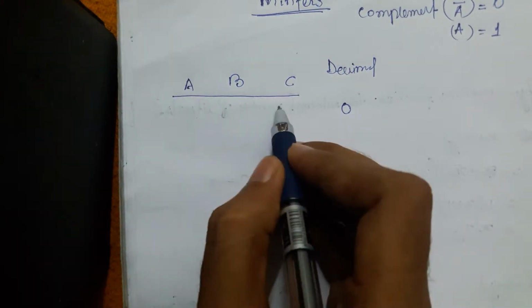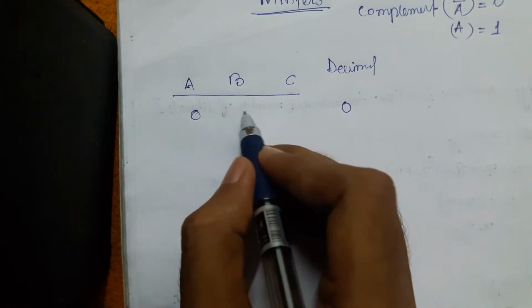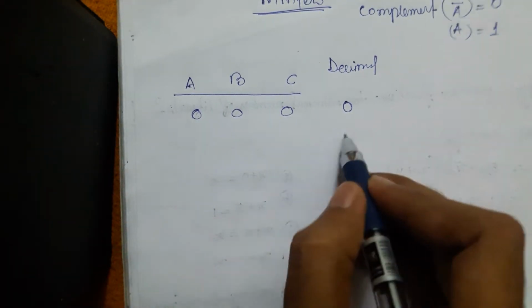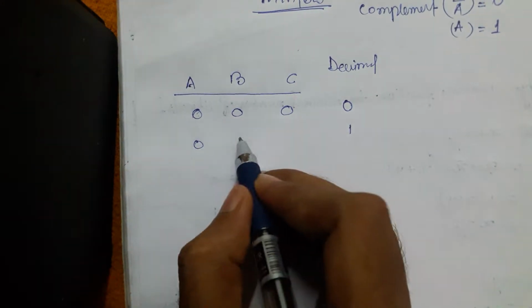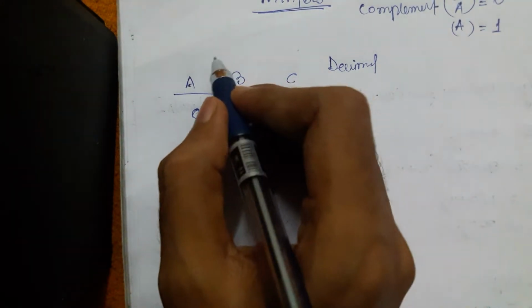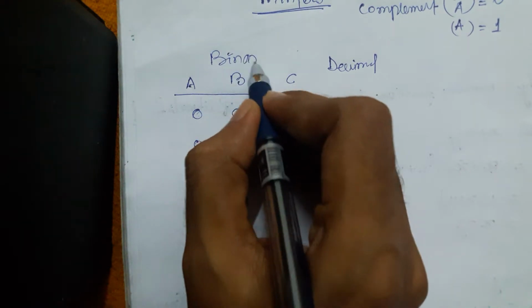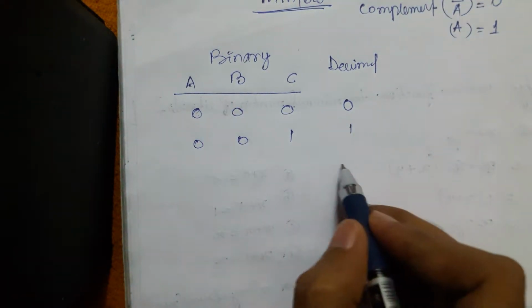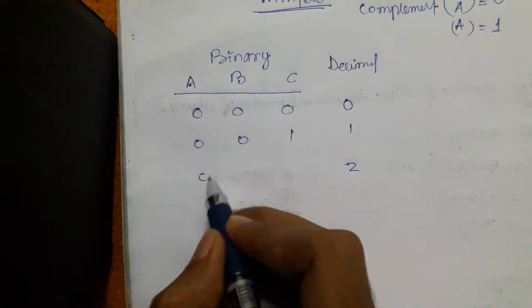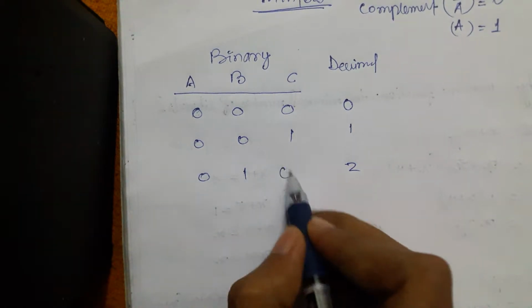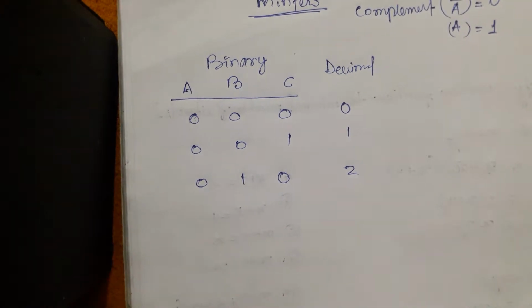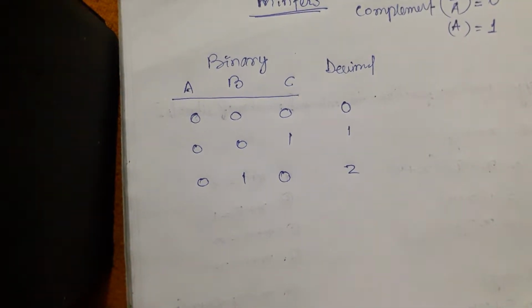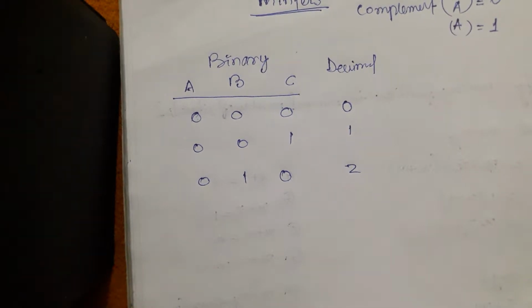So 0 in the decimal system is equivalent to 0 0 0. 1 is equivalent to 0 0 1 in binary. So 2 is 0 1 0. You might be thinking how one can say that 2 is equivalent to 1 0.